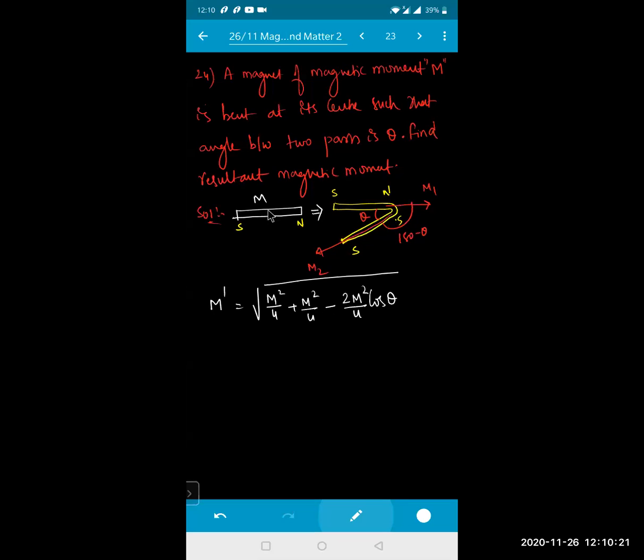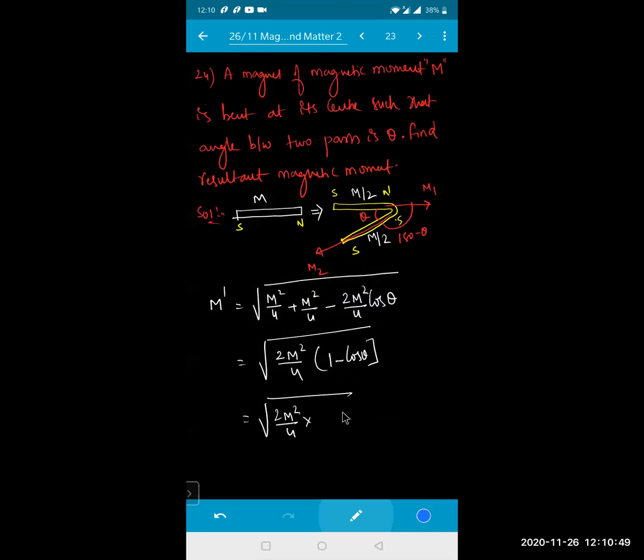Capital M is the magnetic moment, so each half will become M by 2 and M by 2. So M by 2 whole square, so the value has come. This will become the square root of 2 into M square divided by 4 into 1 minus cos theta.